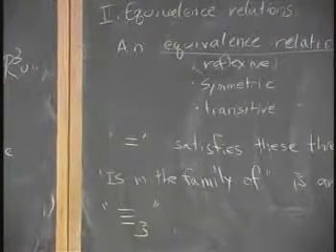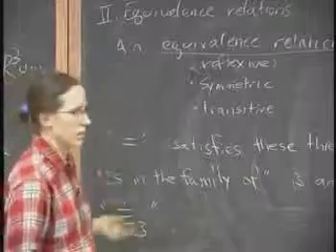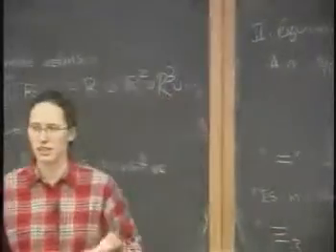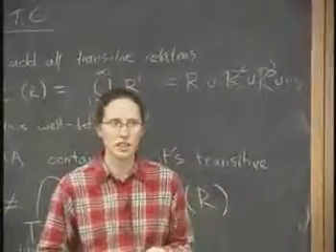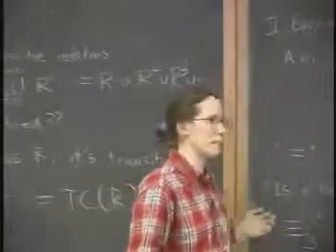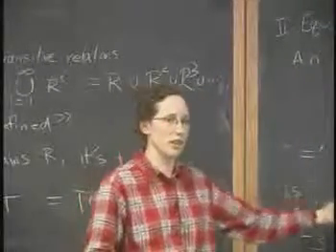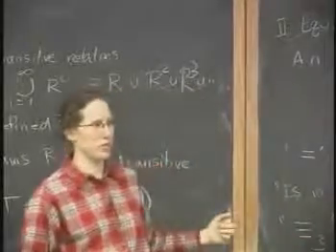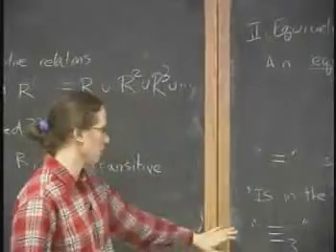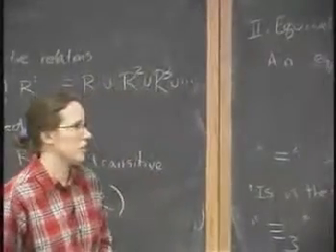Equivalence modulo 3 was certainly reflexive, because 1 is equivalent to itself mod 3. Any number has the same remainder as itself modulo 3. It's symmetric, because if one number has the same remainder modulo 3 as another number, then that other number has the same remainder as the first. And it's transitive. So equivalence modulo 3 is one of these.